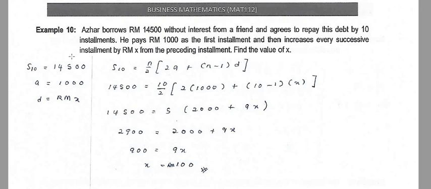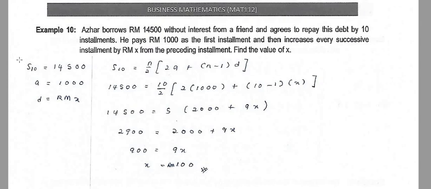Find the value of X. So from this sentence, we know that RM14,500 is S10, which is the sum of his 10 installments. RM1,000 is the first installment, so this is the first term. A equals 1,000. The installment increases by RMX. So RMX is the common difference, D. The question wants us to find the value of X.